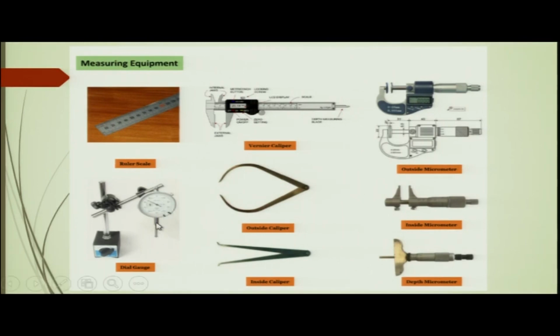So, here there is a stylus, the stylus is spring loaded, and this stylus can go up and down, all right. Depending on that, this is the needle, that needle can move along the dial of the dial gauge, and it will indicate the exact movement of this.